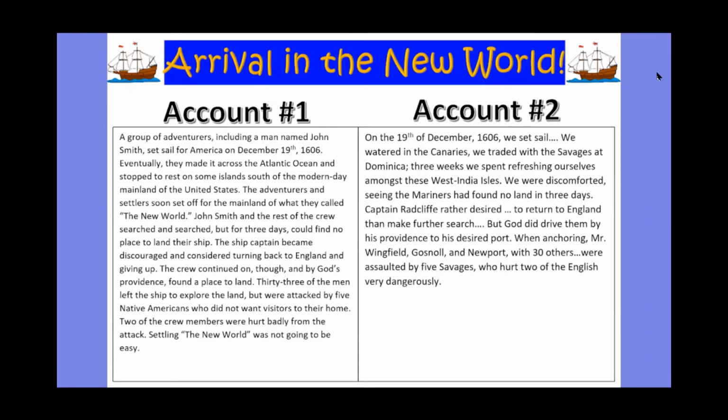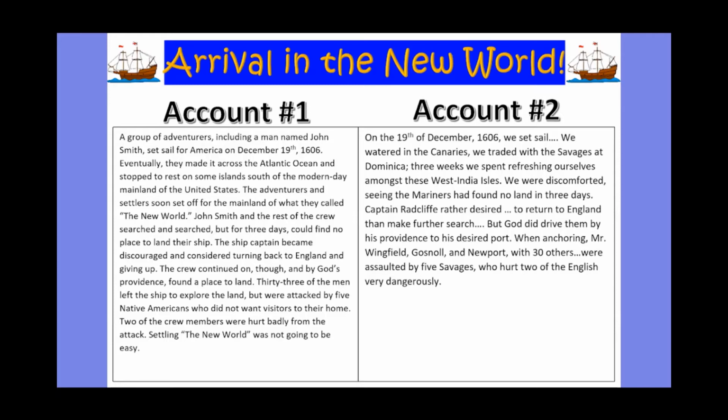Here are our two passages that we're going to look at for firsthand and secondhand account. The title is Arrival in the New World. Account number 1, the passage reads: A group of adventurers, including a man named John Smith, set sail for America on December 19th, 1606. Eventually, they made it across the Atlantic Ocean and stopped to rest on some islands south of the modern-day mainland of the United States.